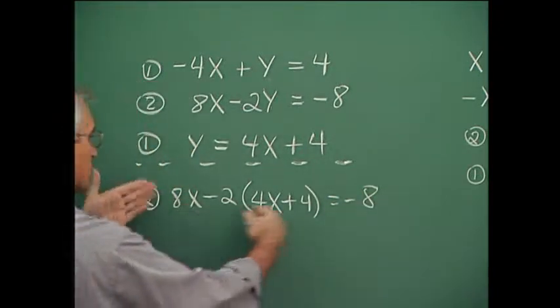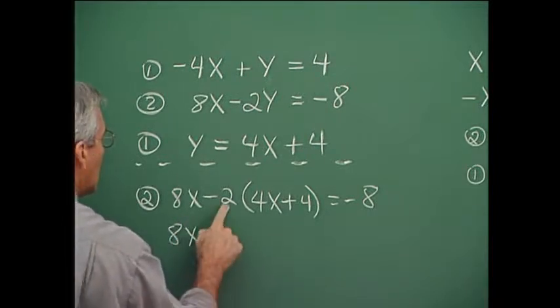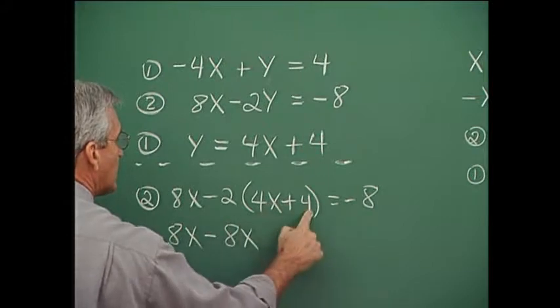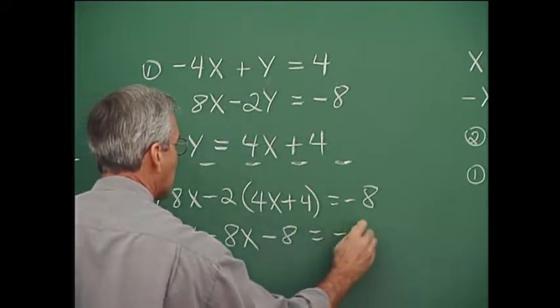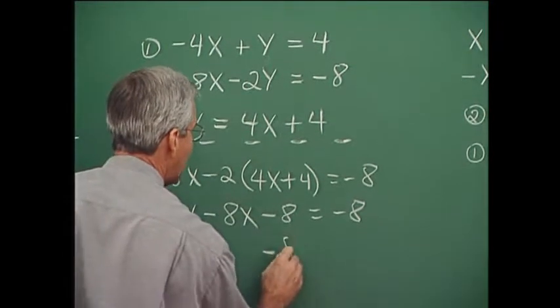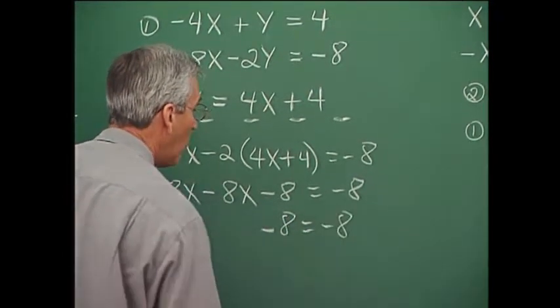And we go about the business of solving for x. We have 8x minus 2 times 4x plus 4, which is 8x minus 8x minus 2 times 4, minus 8 equals minus 8. The 8x and minus 8x go out, and we have minus 8 equals minus 8. Whoa!